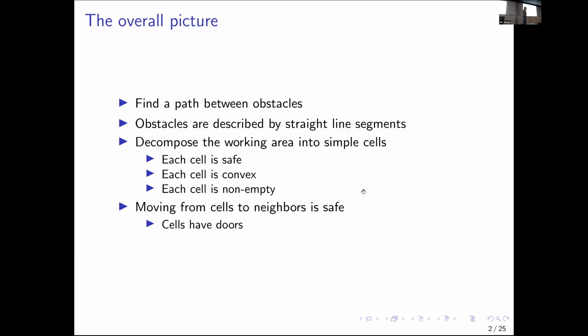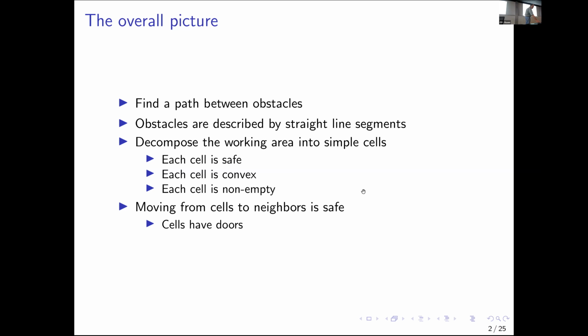The purpose of this talk is not about the trajectories, it's about the first phase, which is decomposing the space in small cells that are very simple in shape, and where it will be easy to decide about collision. So these cells are going to be convex, and also I want them to be non-empty, and the non-emptiness is going to be the bulk of this presentation.